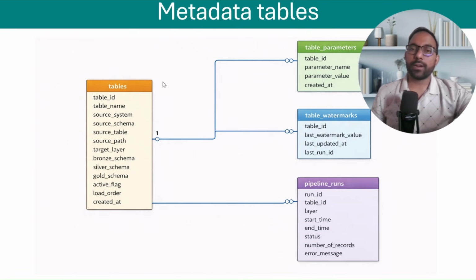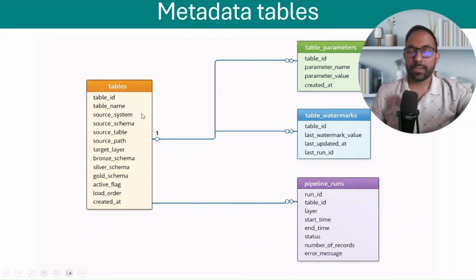Next, let's have a look at our metadata tables, which will make our framework reusable. So these are the four tables we will be creating. The first table, like the name suggests, will contain information like table ID, what is the name of the table, the source schema, source system, and source path if it is a file, what is our target layer, whether it is silver or gold, and the name of the bronze, silver or gold schema depending on the table, and in which order we need to load them.